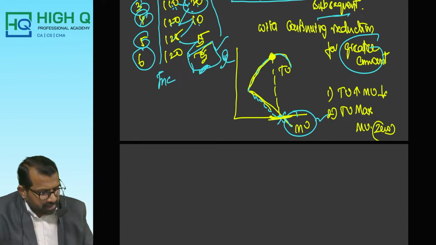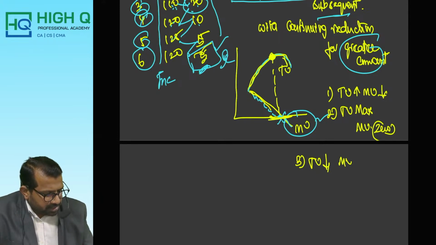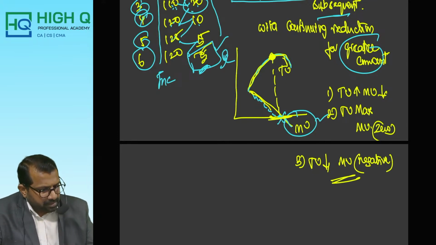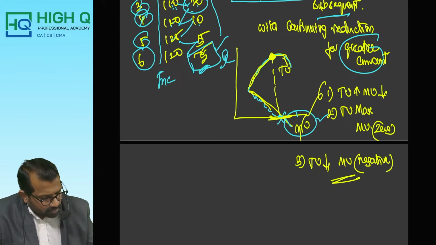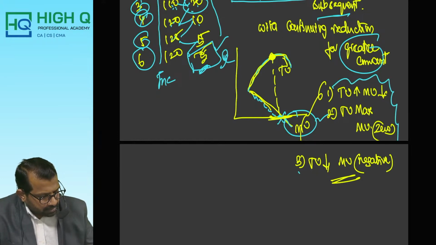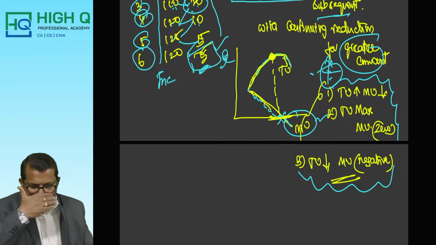Point number 3: when total utility falls, started to decrease, marginal utility becomes negative. So these points are very much important for your exam.